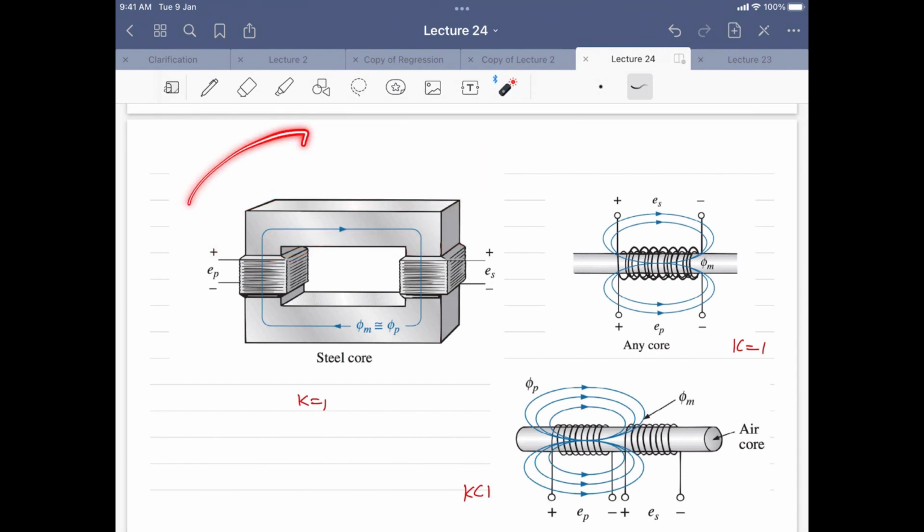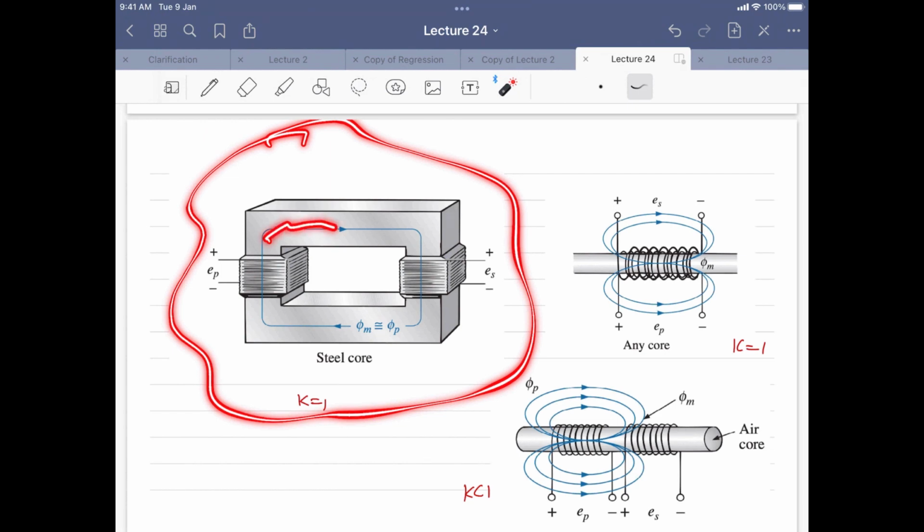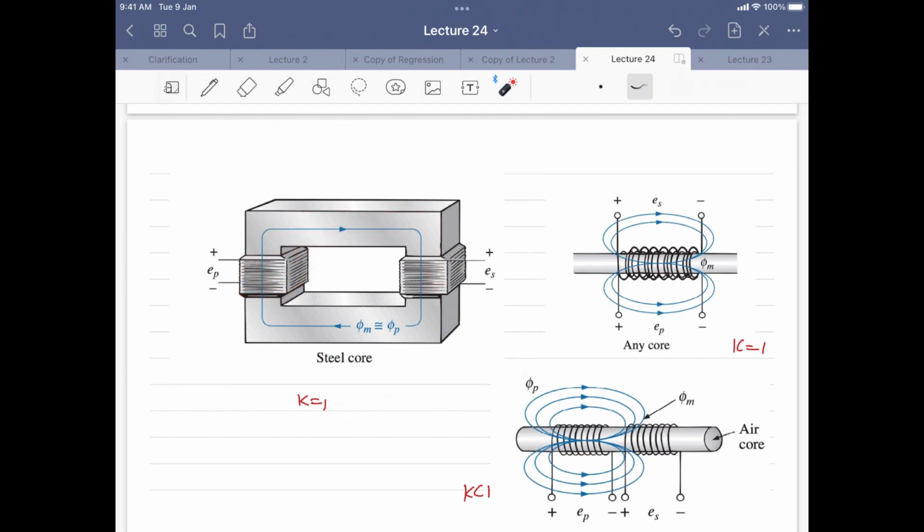So most of the magnetic flux generated by this primary coil passes through this low resistance path and completely goes into the secondary. The flux linkage could have gone in this path also, but it's not going this way because this steel gives a less resistive path.